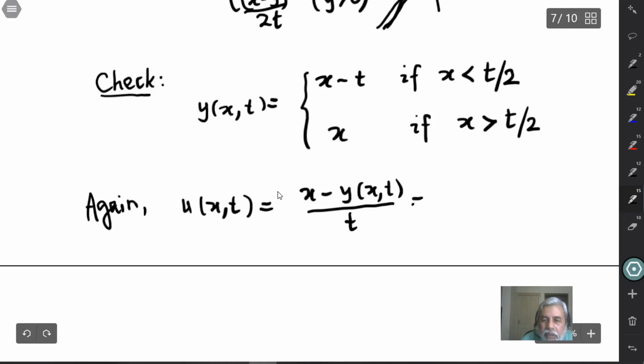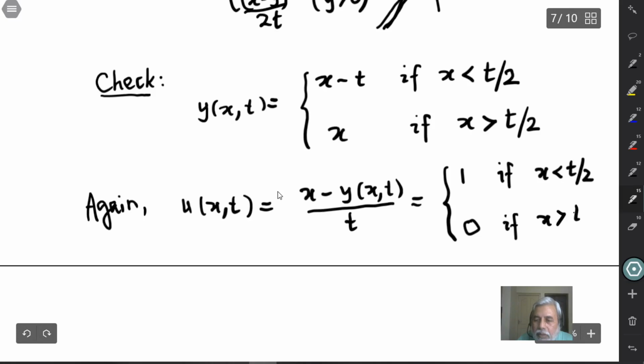So this u of x t is 1 if x is less than t by 2 and 0 if x is bigger than t by 2. This is the same as the shock.